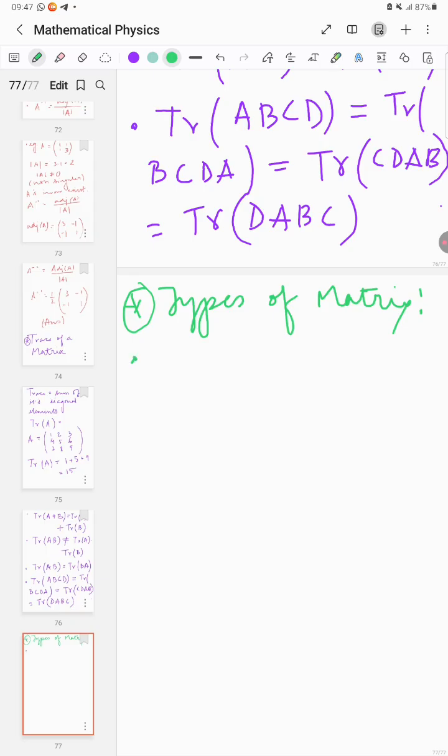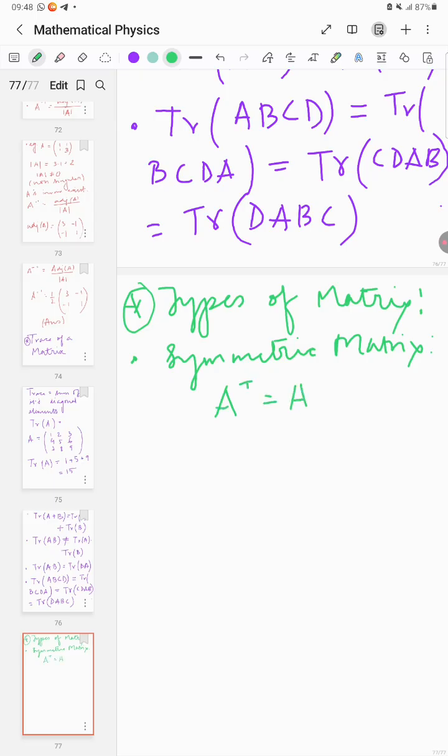Continuing with the last types of matrix, let us start off with symmetric matrix. So what is a symmetric matrix? It is a square matrix whose transpose is equal to itself.